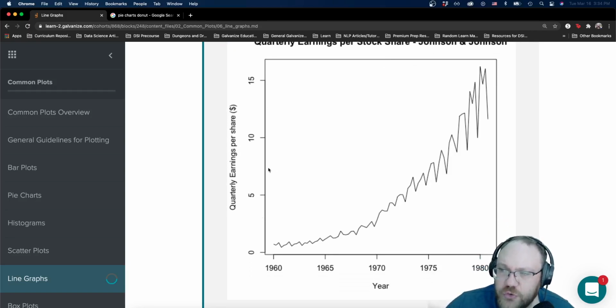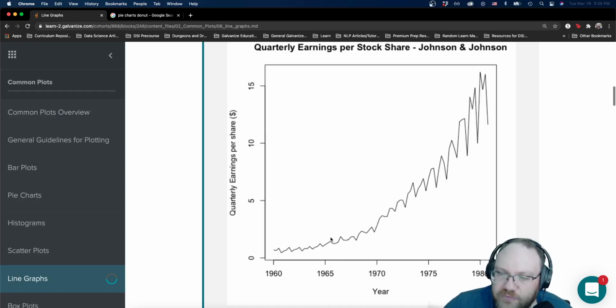And we have two sets of data, two categories, two columns from a data frame, you might say. One on the x-axis being time in terms of the year. I do believe there are 4 readings per each year. We just have every 5 years marked here on our x-axis, and then our actual measurement, which is our earnings per share in US dollars on the y-axis.